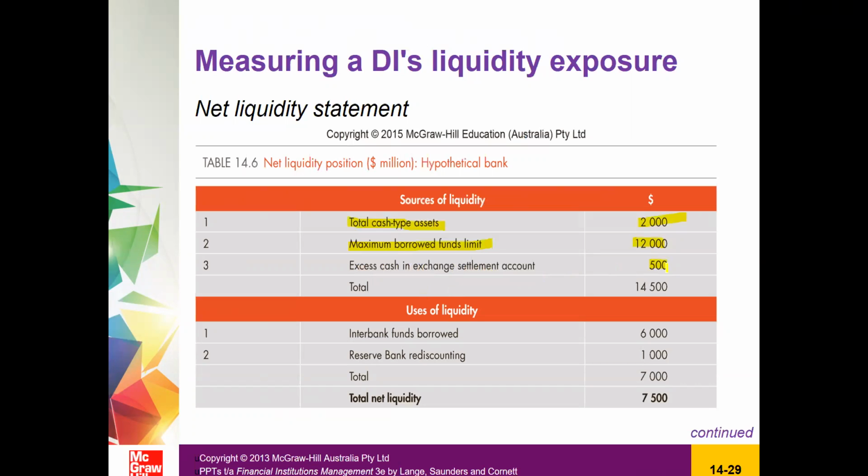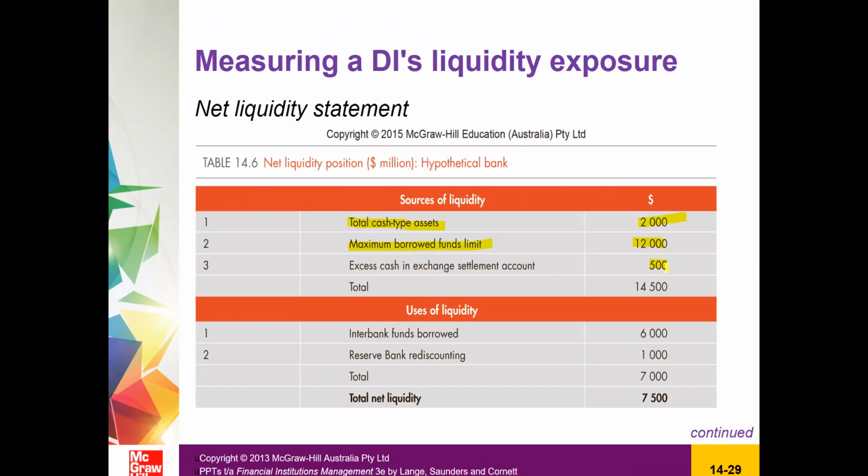For example, in some countries, there is a liquidity reserve requirement that a depository institution needs to hold a certain percentage of its deposits in liquid assets, for example, in cash or government securities. Now, a depository institution does not necessarily hold exactly the same amount of cash required for the liquidity reserve requirement.